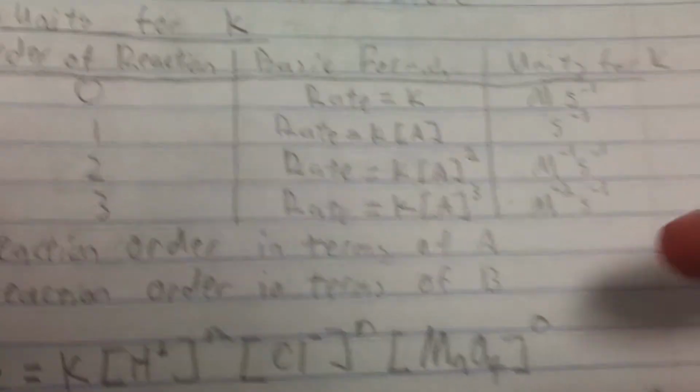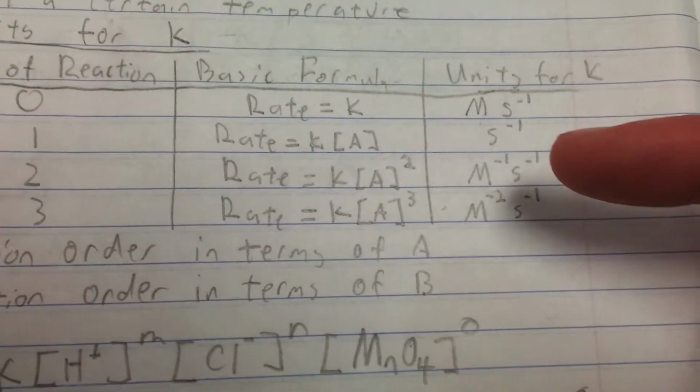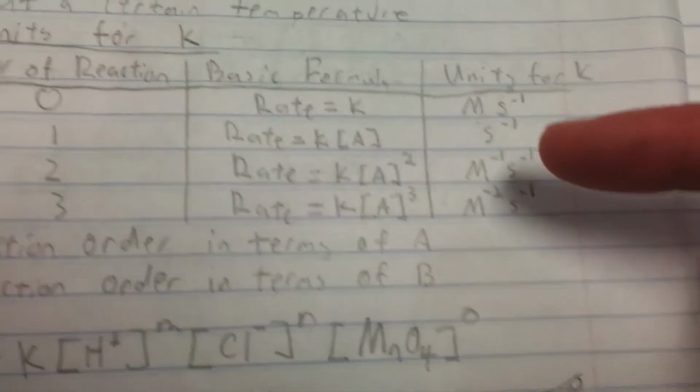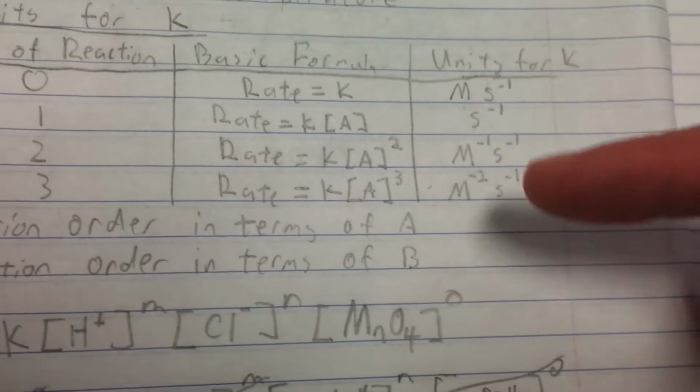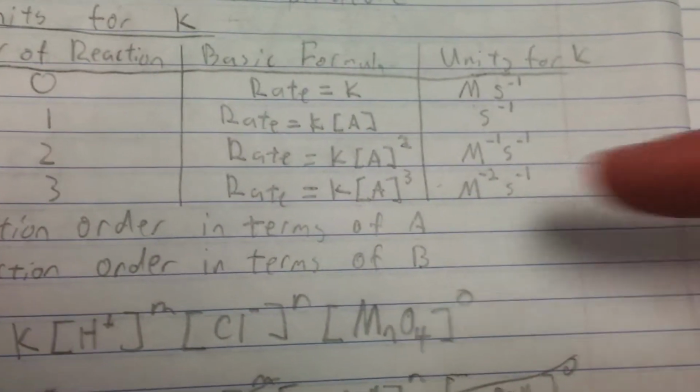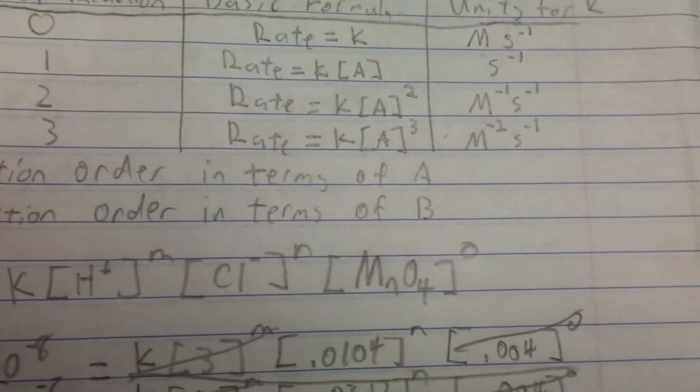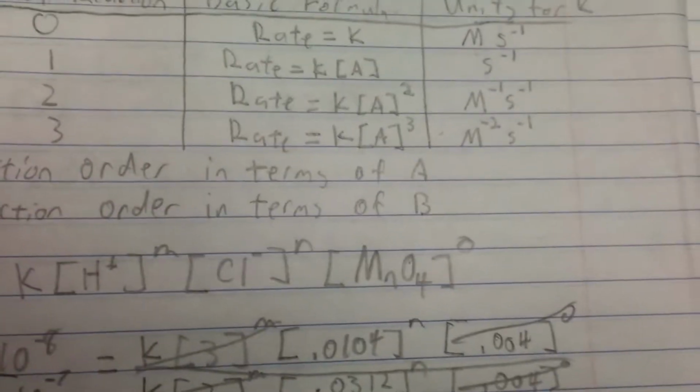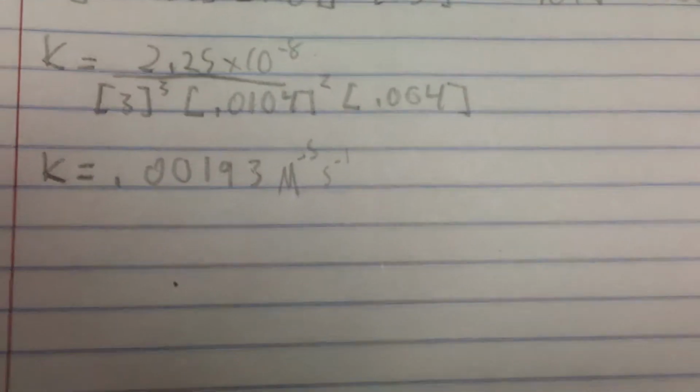As you can see, for a first order reaction, it starts out with just seconds to the negative first, and then the exponent on M just increases in -1 to -2 and so on, until you follow that down the table to 6th order and get molarity to the -5 per second, and that's how you find K.